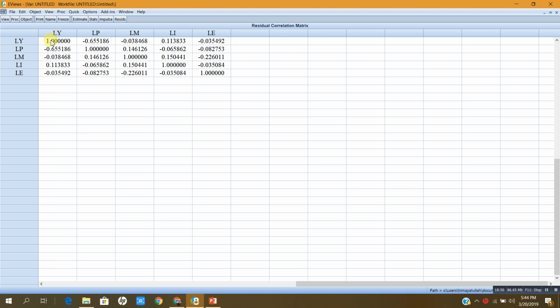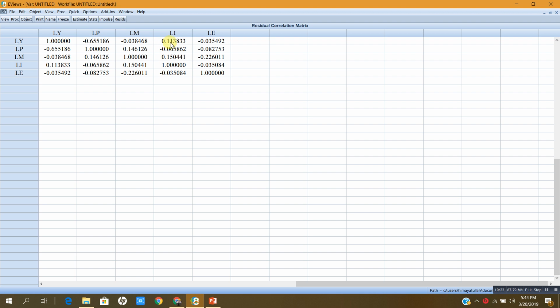But the off-diagonal values show the correlation coefficients between 2 different variables. That is, the correlation coefficient between lp and ly is minus 0.65, and the correlation coefficient between lm and ly is minus 0.03. The correlation coefficient between li and ly is 0.11, and so on. So you can see various correlation coefficients among various pairs of the variables.